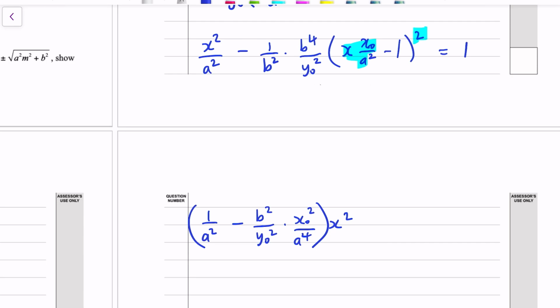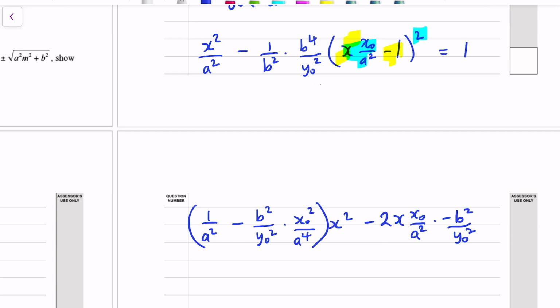And then the linear term is going to come from expanding that bracket, doing the cross terms. So there's two of those. It's a minus, so it's minus 2 lots of x times x naught over a squared times the constant that's in the front of the expression, minus b squared over y naught squared.